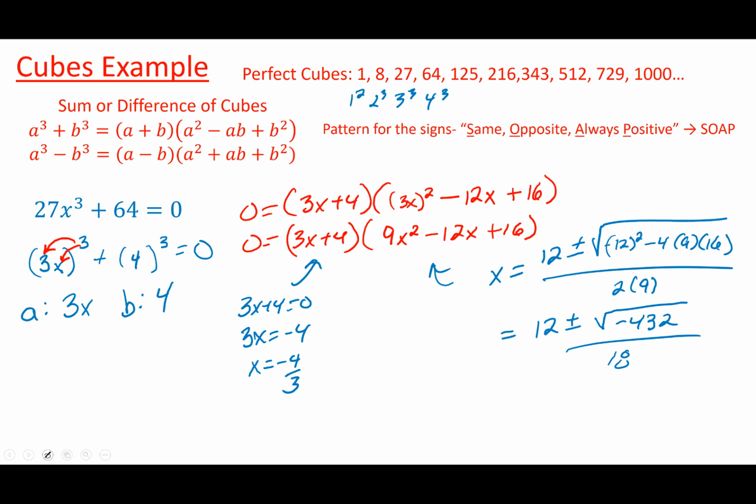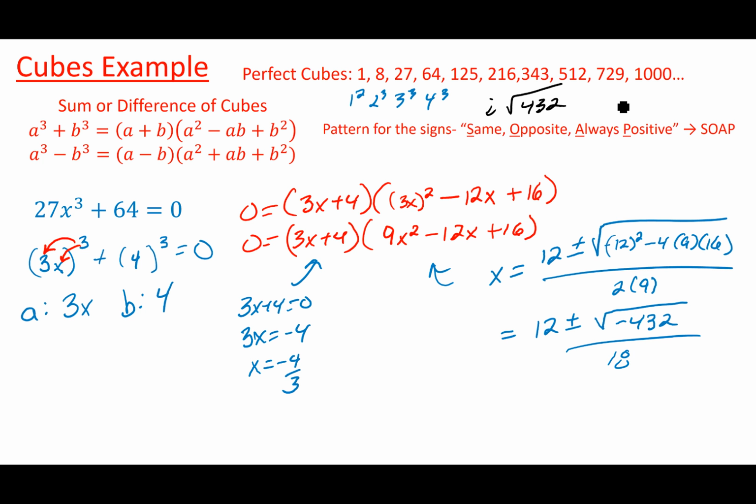Okay, well, we know that if we had the square root of negative 432, we could write that as i times the square root of 432. We need to check perfect square factors of 432. This one gets to be bigger numbers because we're going to use bigger perfect squares.